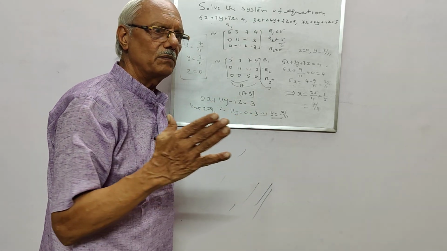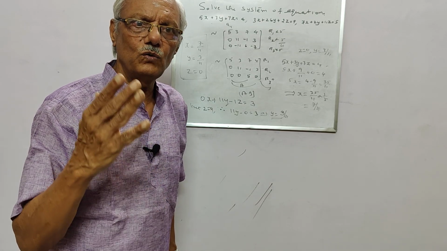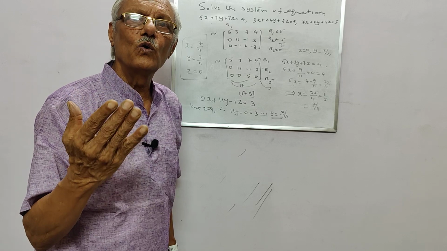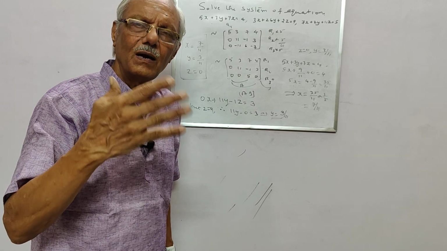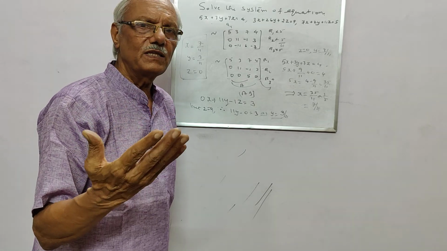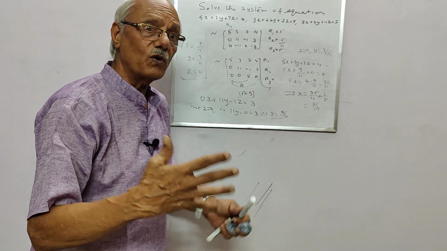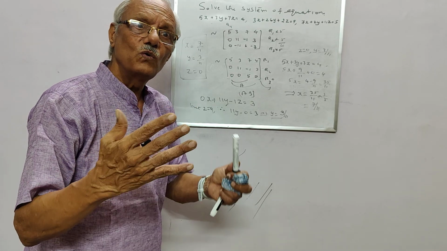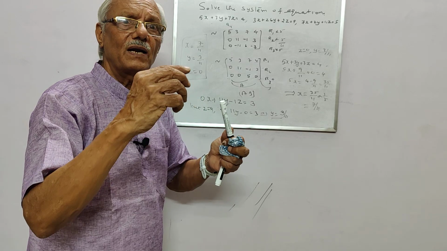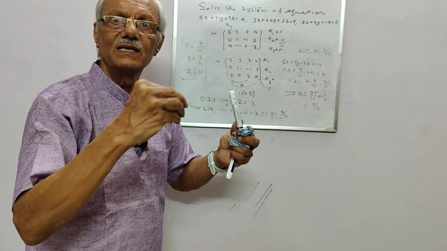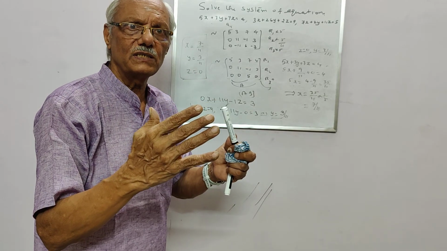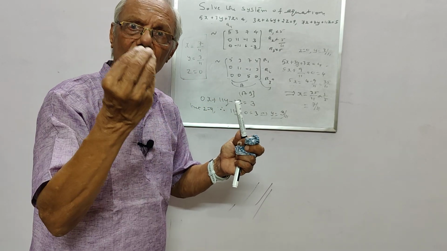And you must always remember that when you are trying to get the rank of a matrix, you go for the upper triangular matrix form. Then only it will be easy for you. Other methods are there, where you use row and column operations and try to bring the unit matrix.